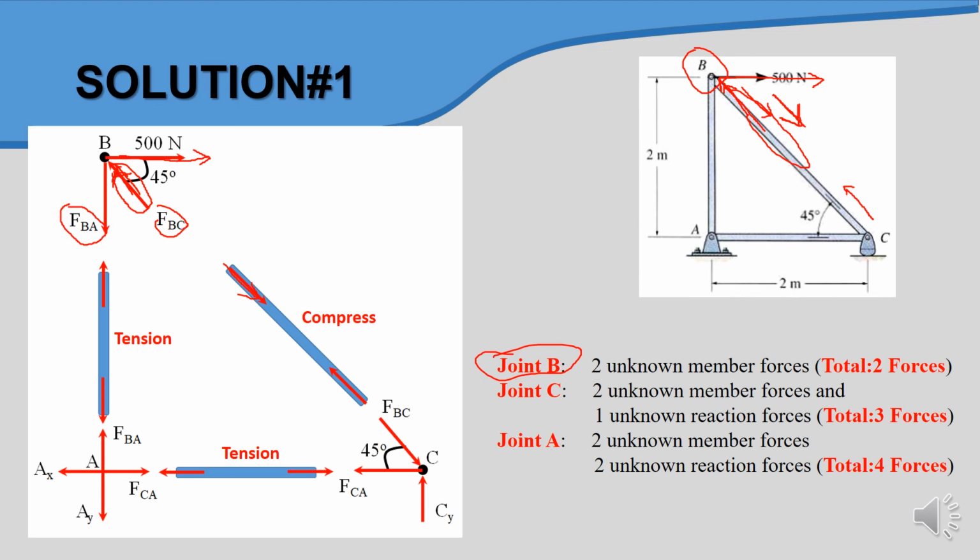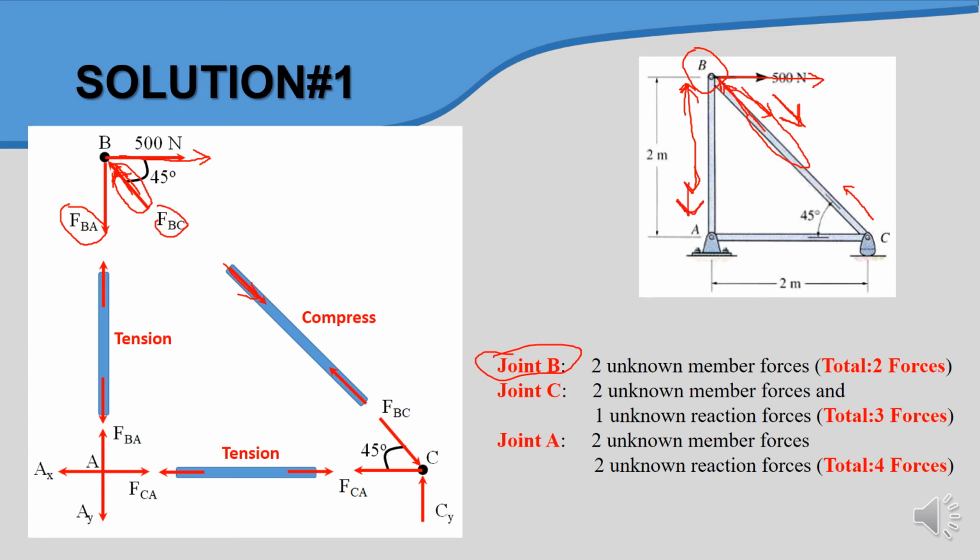And for FBA, maybe we don't know. If we don't know, we put tension. If we know whether it is compression or tension, just put it there. If you don't know, you just put tension. From here, maybe from logic, this is a tension.